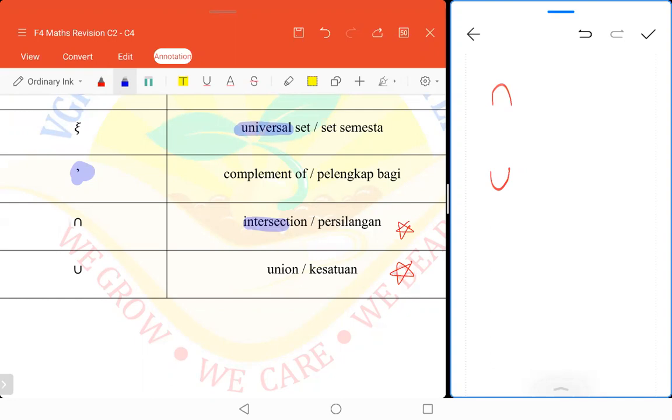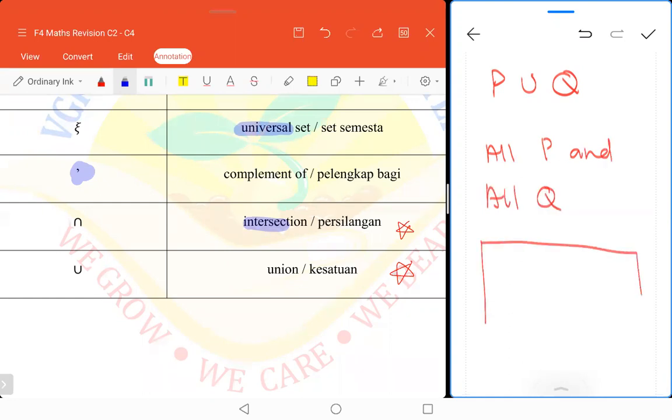Okay, so what does union mean? If I have P union Q, we start with this first: all P and all Q, everything.